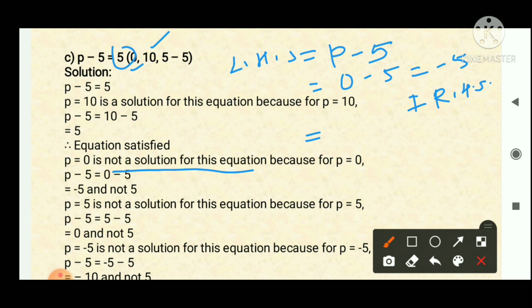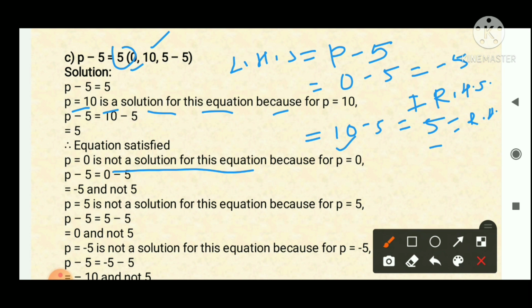So p minus 5 means 10 minus 5 is equal to 5, which is equal to the right hand side. So if we put the value of variable p is equal to 10, then the equation is satisfied. So p is equal to 10 is a solution for this equation.